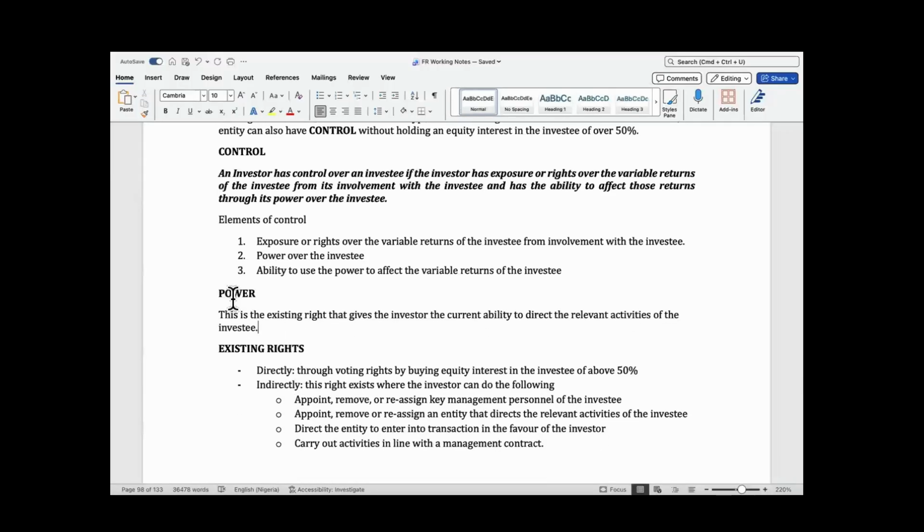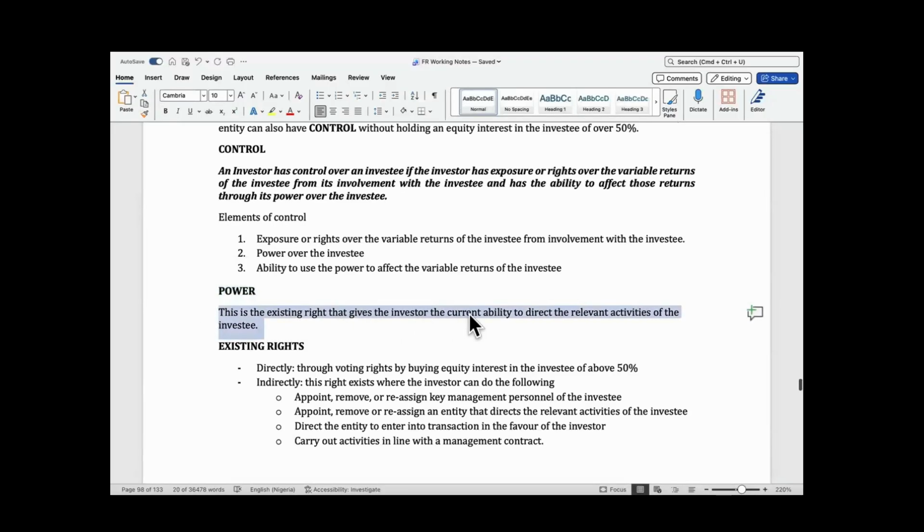So when we say power, we're talking about an existing right that gives the investor the current ability to direct the relevant activities of the investee. Like I was saying, it's a right. It gives you the ability to direct their relevant activities. You direct it.